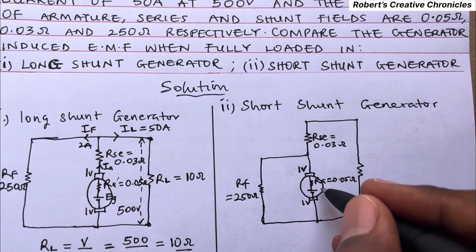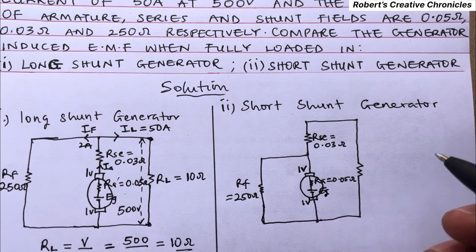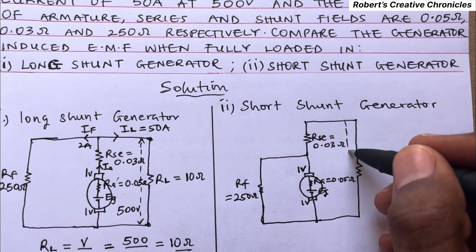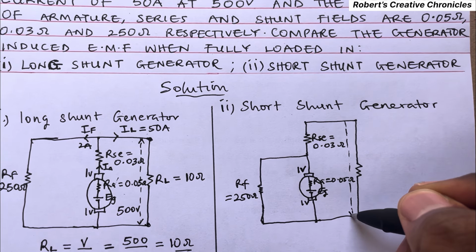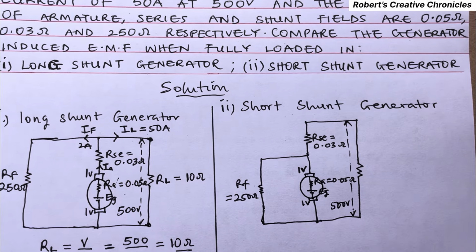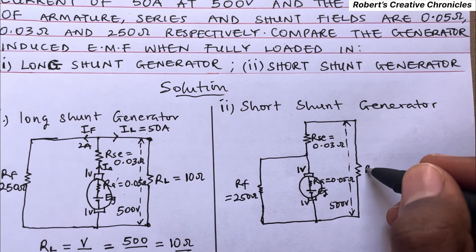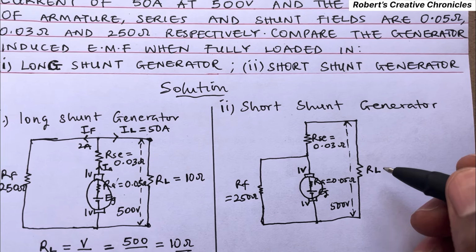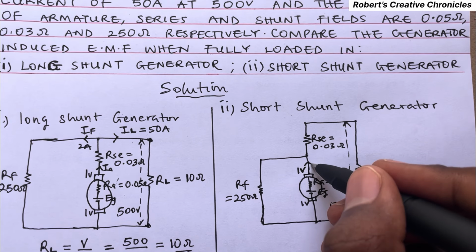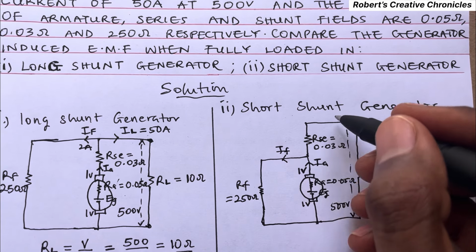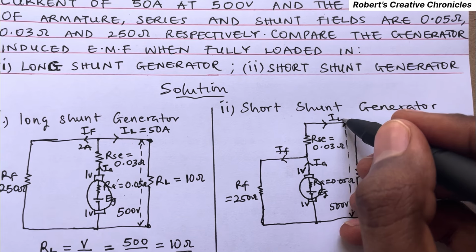Then this is the generated EMF. This is the voltage, 500 volts, and here R_L. So here there is I_A, here there is I_F, and here there is I_L.